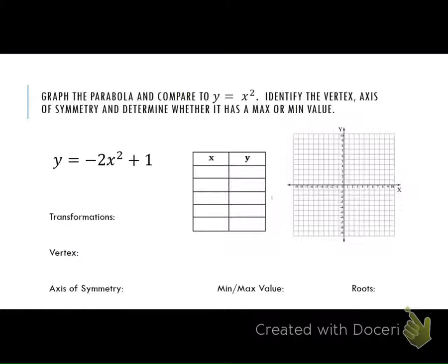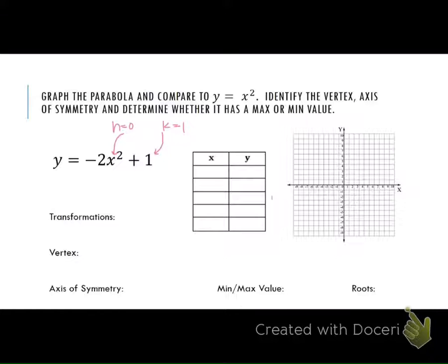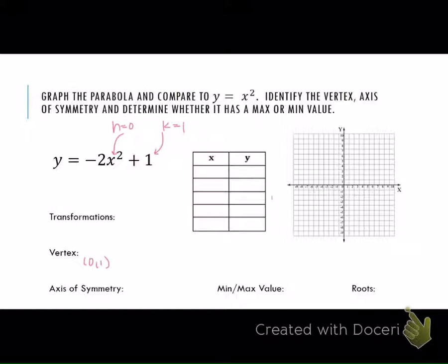Where is my vertex at, Jacob? 0, 1. Good. H is 0. K is 1. Ian, for this problem here, if I go out 1, what am I going to do?